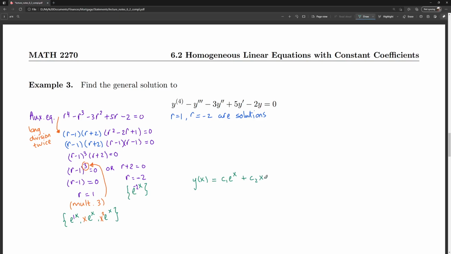So it's c2 x e to the power x plus c3 x squared e to the power x, and then plus c4 times e to the power negative 2x. And a quick sanity check to see did we get all of them is to look at the order of the differential equation. We have order 4, and we have 4 coefficients here.